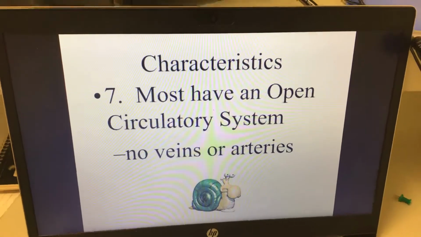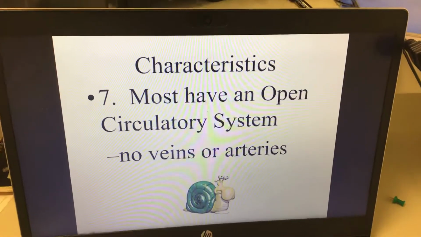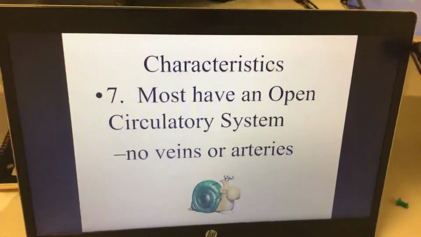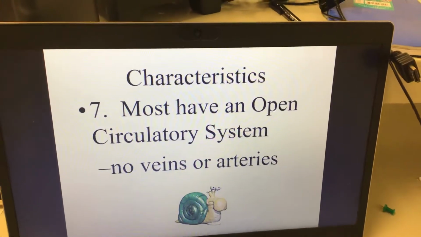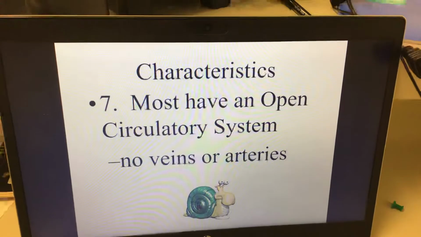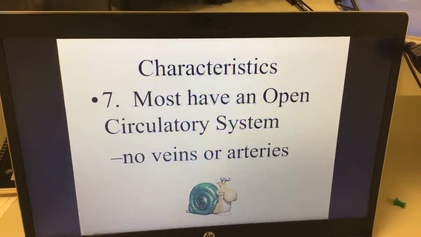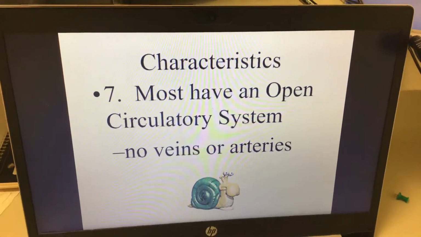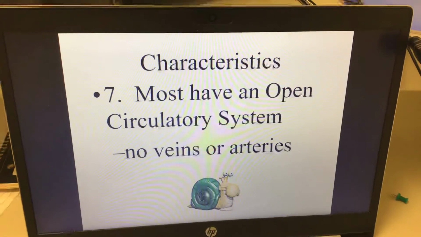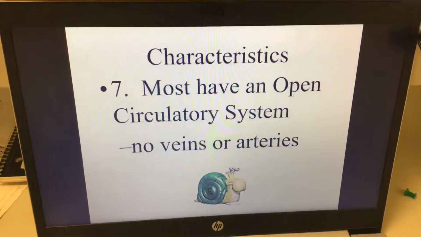If you notice, most of these things, like a snail, for instance, is not known for speed. Well, it's hard to be fast when you're not getting blood to all your areas very well. If you want to move fast, you need to get blood pumped to all areas, and that's just not the case with these guys. They have an open circulatory system. I compare that to plants being non-vascular. No vessels, no tubes, no veins. It's the same exact thing, only with animals.